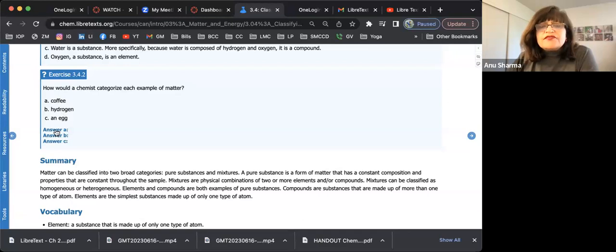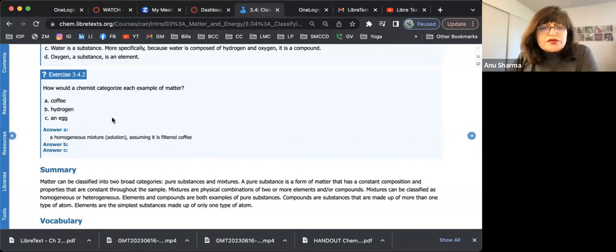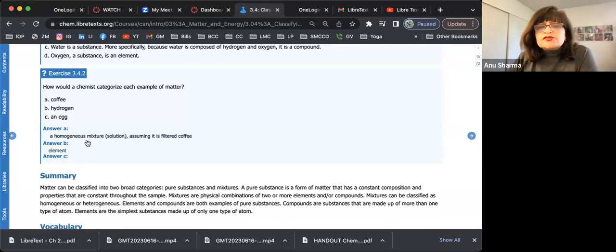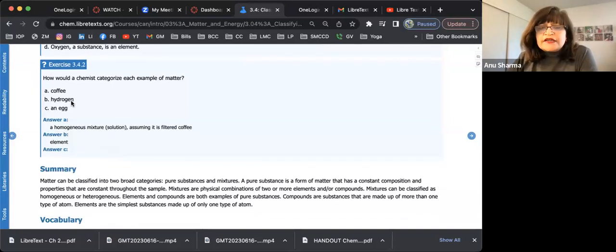Now, next is how would a chemist categorize each example of matter? Coffee. It depends what coffee we are looking at. Let's say it's liquid coffee, with sugar and the coffee beans and water and milk, all of them mixed together. Then we have a homogeneous mixture. Hydrogen. Now, hydrogen is a gas. We can find it as hydrogen gas, but hydrogen is also an element found in the periodic table.